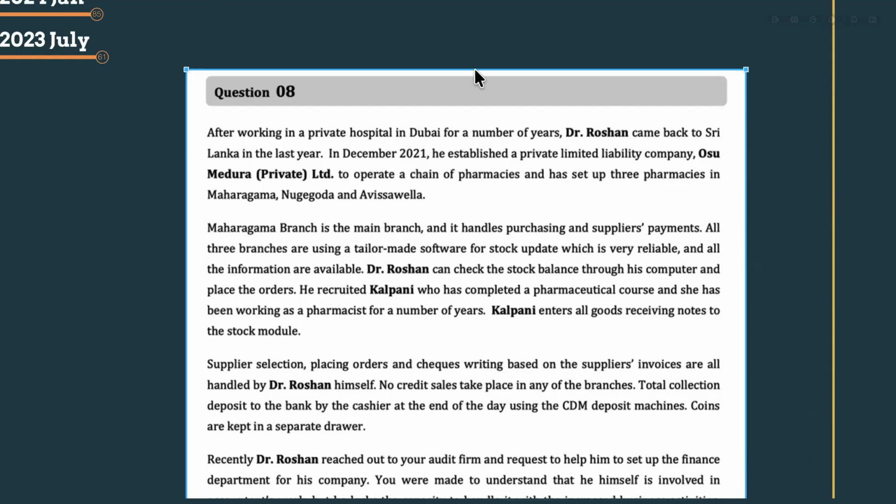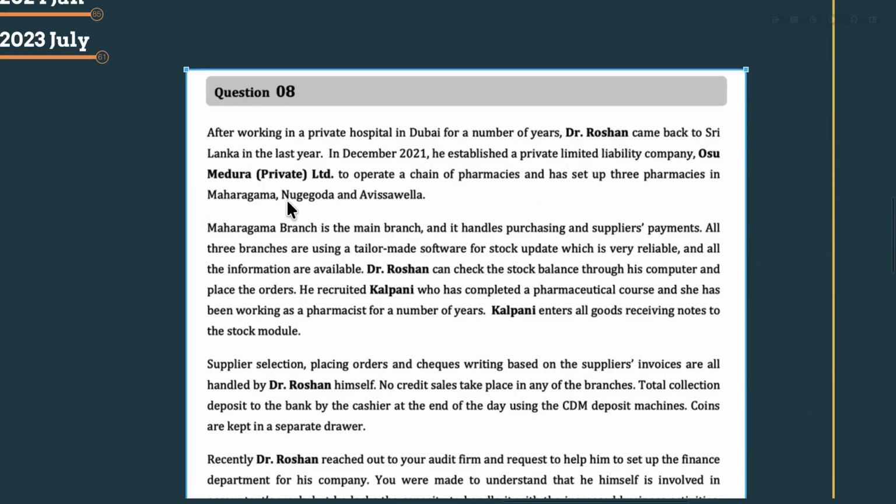And in December 2021, he established a private limited company, Osumedura Private Limited, to operate a chain of pharmacies and has set up 3 pharmacies in Maharagama, Nugegoda, Avissawella. So as a doctor, he came to Sri Lanka and he started a new company and he's going to run a pharmacy chain, like a supermarket chain.